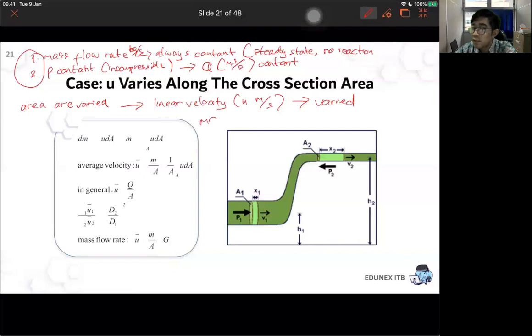Mass flux, kilogram per second over square meters, is also varied. Why is it varied? Because the mass flow rate is always constant, but the area is changing. So the mass flux is also varied.